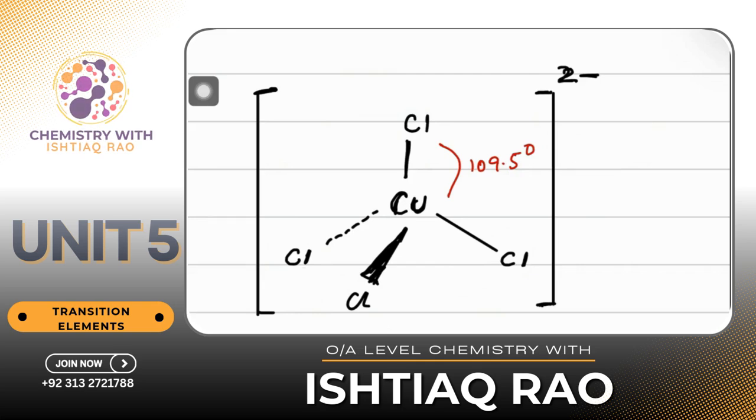We are just discussing how they are arranged in these manners. Some are octahedral, some are tetrahedral, some are square planar. Let me show you how the complexes are arranged. Wait, I'm sharing my screen.